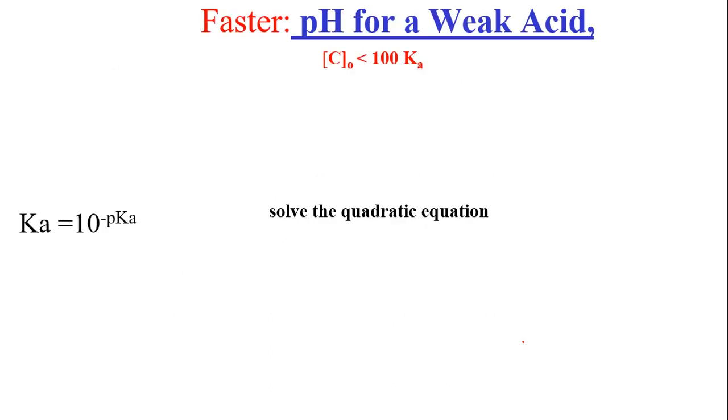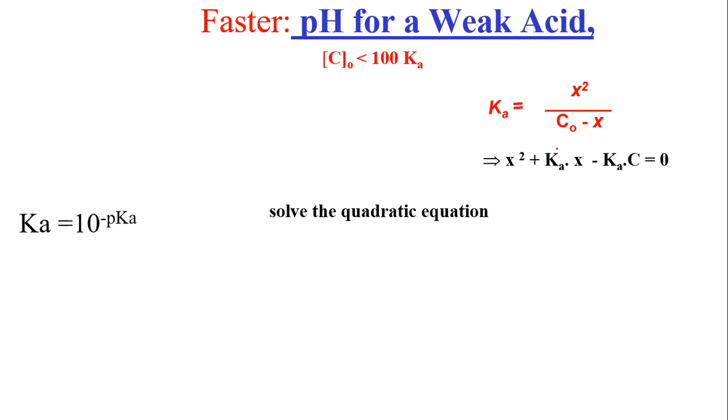So for pH of weak acids where the concentration C0 is not greater than 100 Ka, so it's less than 100 Ka, what you do is use Ka equals x squared divided by C0 minus x and get the quadratic, okay?